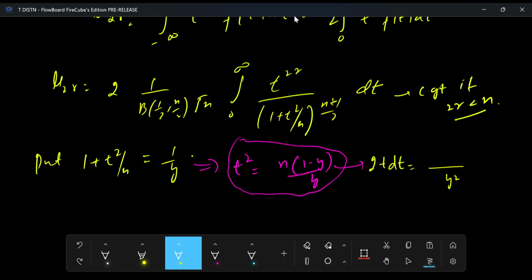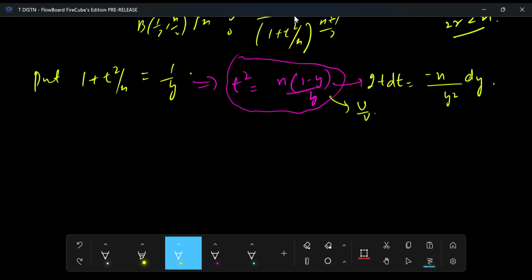Treating n as a constant, differentiation of 1 minus y, or simply treating y as a constant, differentiation of this will be nothing but minus n by y square dy. So here I applied only the u by v form of differentiation.